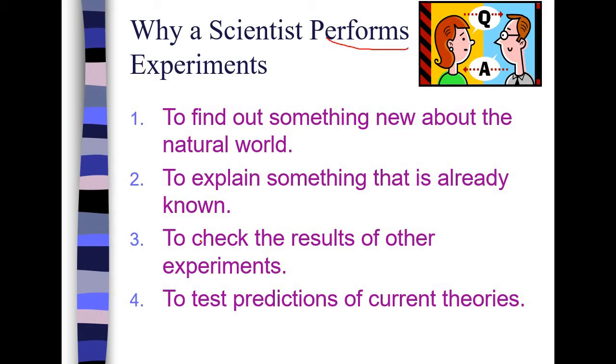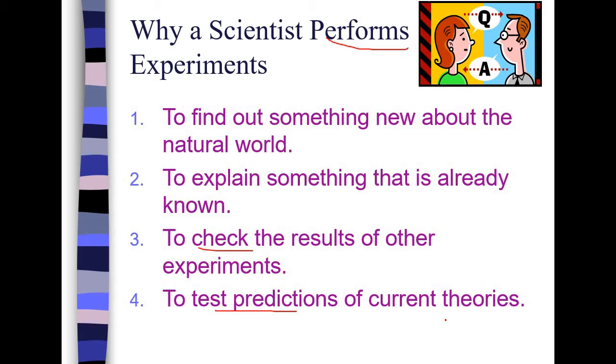Third, to check the result of other experiments. I use this experiment just to check the result of other experiments. Fourth, to test the predictions of a current theory. You have a theory and you want to test its predictions, a theory that is still present.